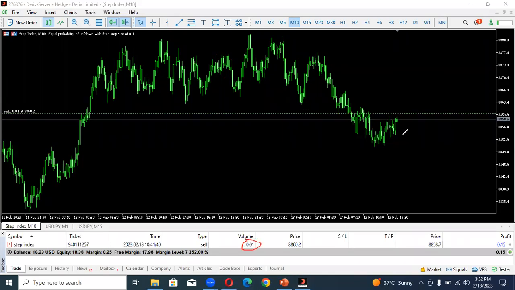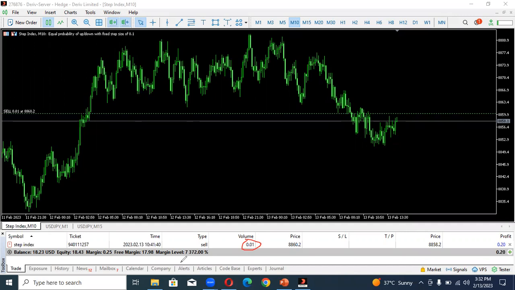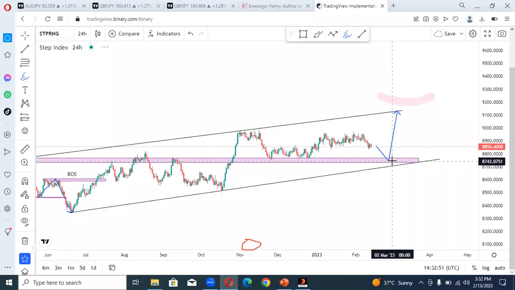The market is actually playing around here. So I'm going to allow my market to run down to where I told you we are going to look at, this zone here. Let's just call it 8765, almost 100 pips down. So that might take today and tomorrow.